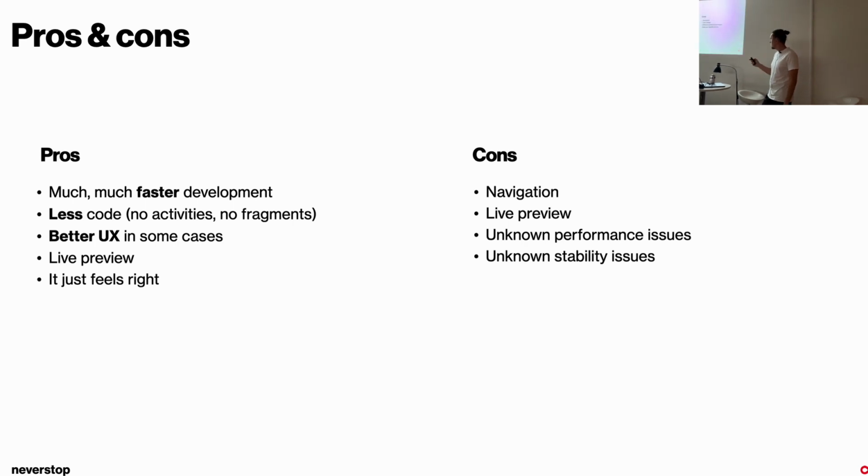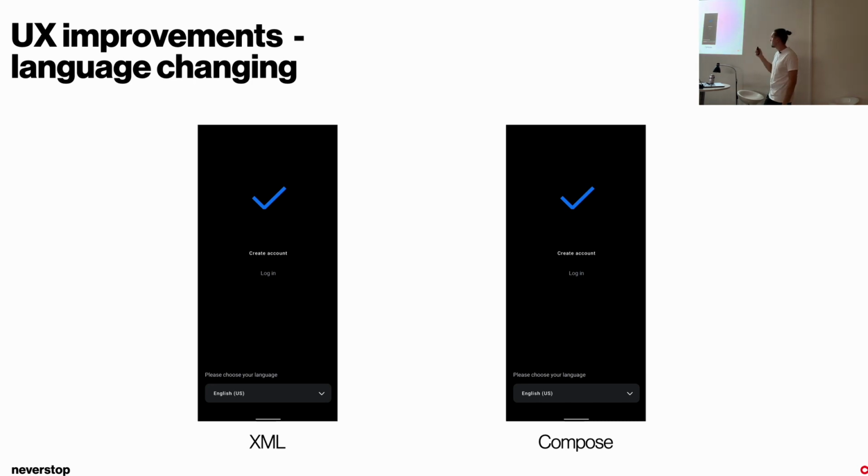Okay, and now to the last things. So those better UX cases that I mentioned. One thing that we really notice that's a great thing is language changing. If you have an in-app language picker, that's also a hot topic if you need to implement it. Especially in XML, it's not that easy to implement. Let's see how that looks in XML first.